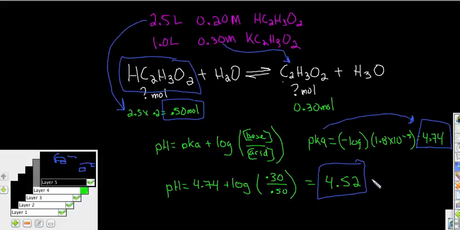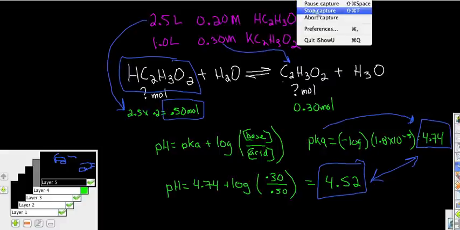So notice 4.52 as compared to 4.74, very close. And because they are so close, we realize that this is probably the correct answer. And so that solves that, and hopefully that gives you a heads up on how to do some more of these solution situations.